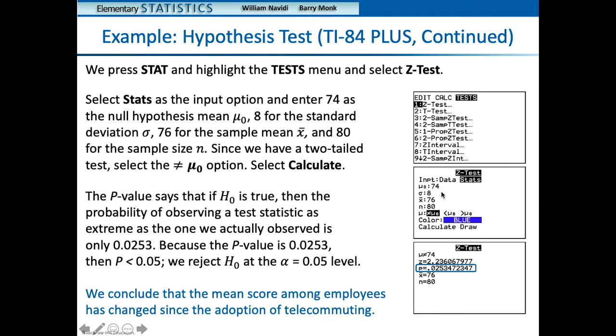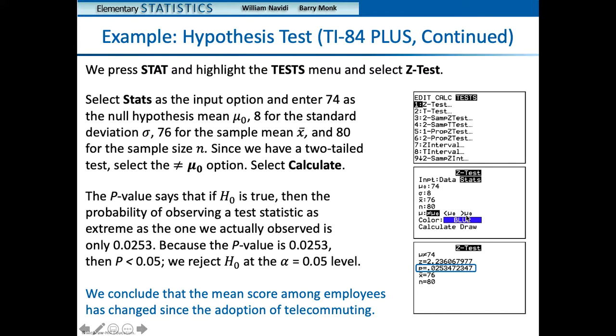For mu0, that's the null hypothesis, you'll put in 74, right? Because the null hypothesis is the assumption that mu equals 74. Sigma is given as 8, type that in. Sample mean is given as 76, type that in here. 80 is the sample size, so that's what you'll put in front of the n.